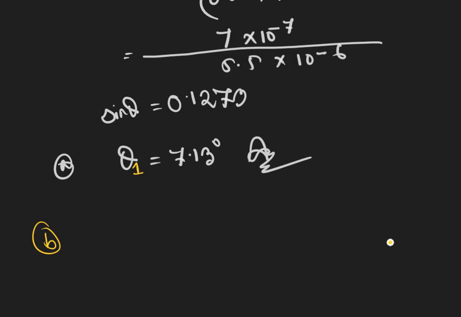Indeed, how to find the value of theta 2? We know the bright fringe rule, d sine theta equals n lambda.